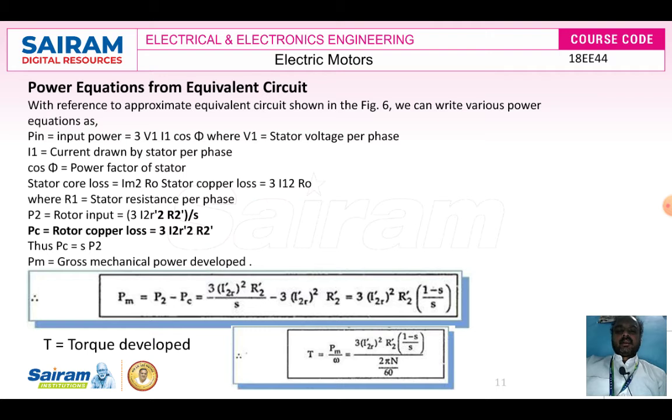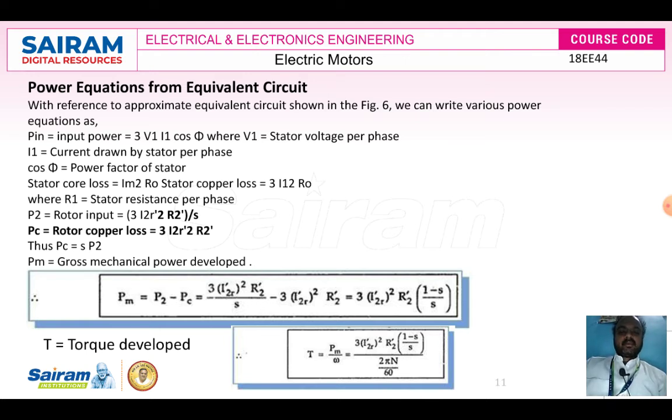Stator copper losses are 3 I1 square R1, where R1 is the stator resistance per phase. P2 is the rotor input, so P2 is equal to 3 I2' square R2' by S. PC is the rotor copper losses, 3 I2' square into R2'.